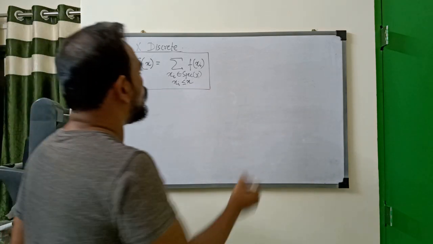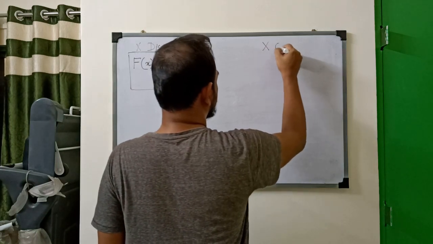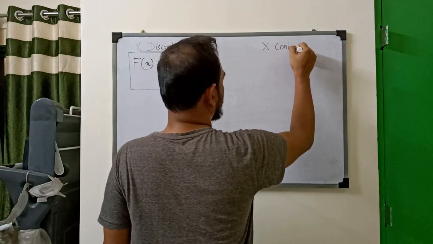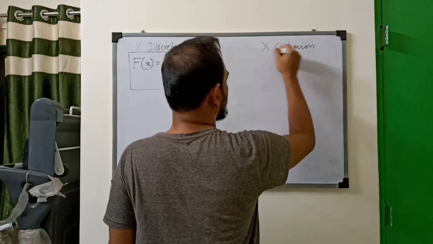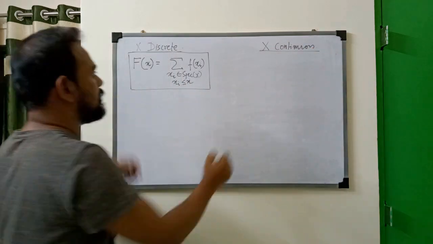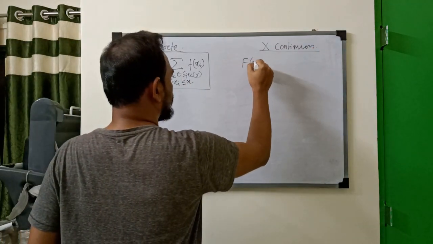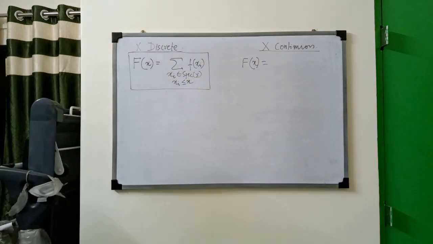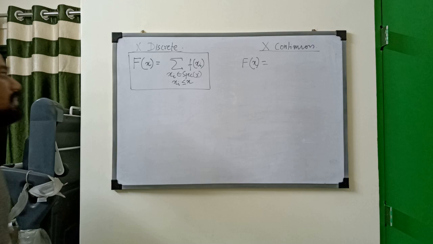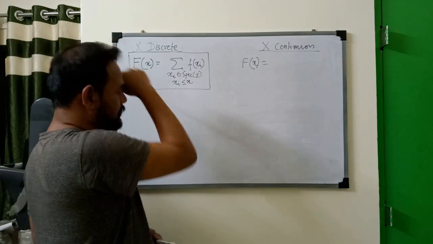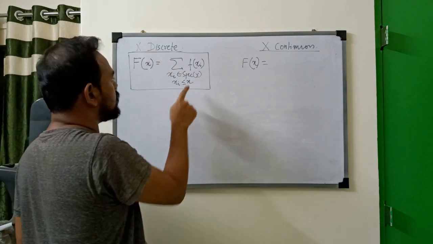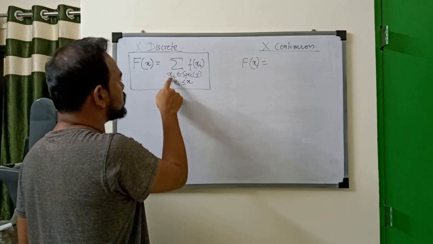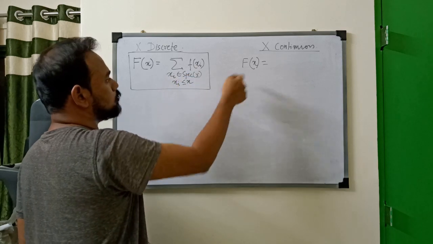The question is, what happens when x is continuous? Can we express capital F, the CDF, as a summation? Well, the summation worked for the discrete case because the spectral points were discrete: x1, x2, x3.